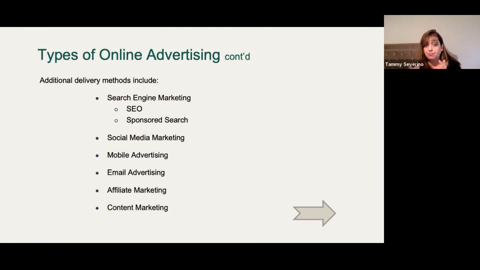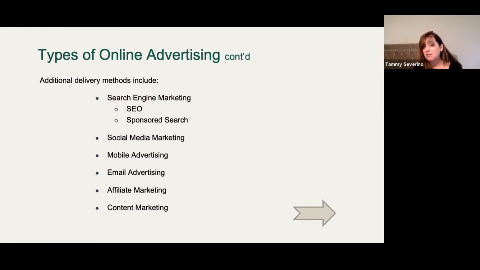Ideally, in your search engine optimization, you're going to come in the top page, or at the very least on the second page. Ideally, you do want to be on that front page, because that's going to give you much more traction in terms of the people who are searching. And then at the very, very tippy top, that's going to be your sponsored ads, and that's going to be a sponsored search.